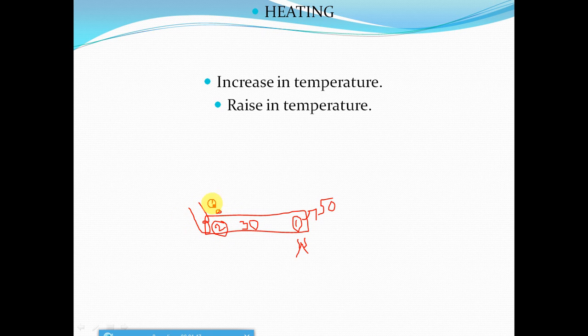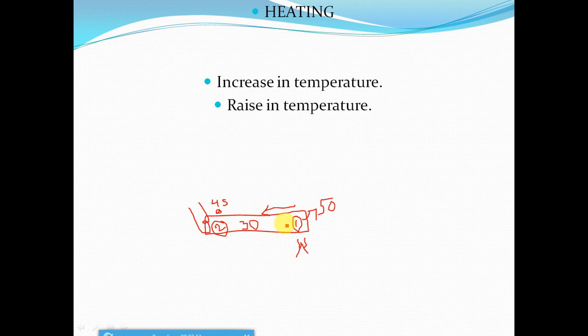Let us assume the temperature here is now 45 degrees Celsius. Initially the rod was at room temperature, 30 degrees. While heating at point 1, its temperature increased to 50 degrees Celsius, and at point 2 it is 45 degrees Celsius, due to transfer of heat from point 1 to point 2.